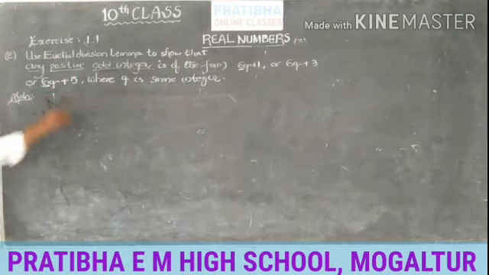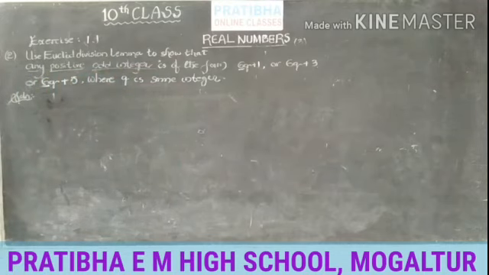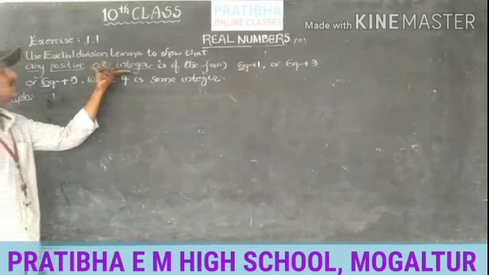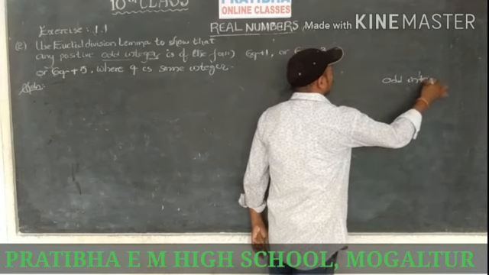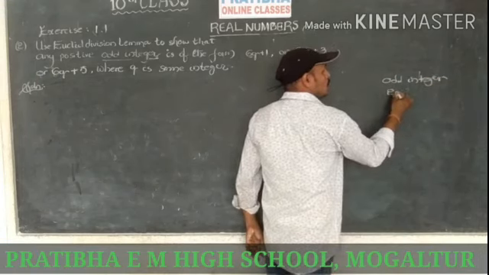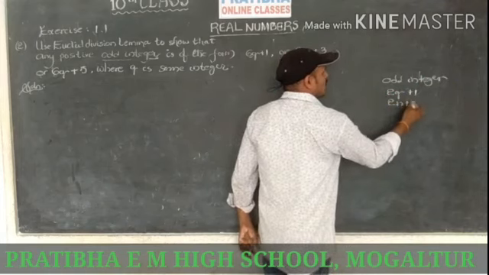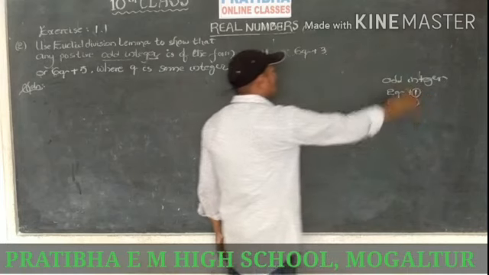So here, any positive odd integer: what is the meaning of odd integer? We can write the odd integer as 2q plus 1 or 2n plus 1, whatever it is, but the remainder must be 1.